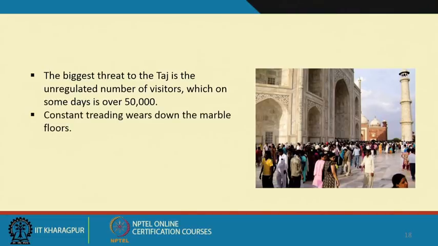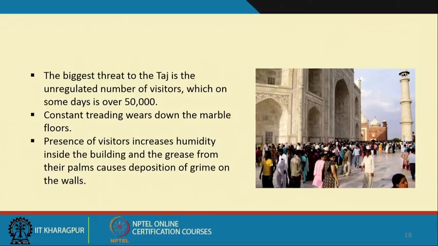part, because the constant treading wears down the marble floors, and we also have a habit of touching the surface. So, the presence of visitors also increases the humidity inside the buildings, and the grease from their palms causes deposition of grime on the walls. Now, as I say, these are some of the problems which one has to take care of through visitor management.